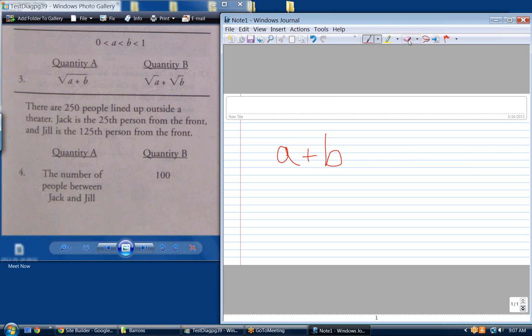Let's go through this, because this is an important principle to learn. When you square a binomial, that is not equal to x squared plus y squared. In other words, if you FOIL that, you will get x squared plus 2xy plus y squared.